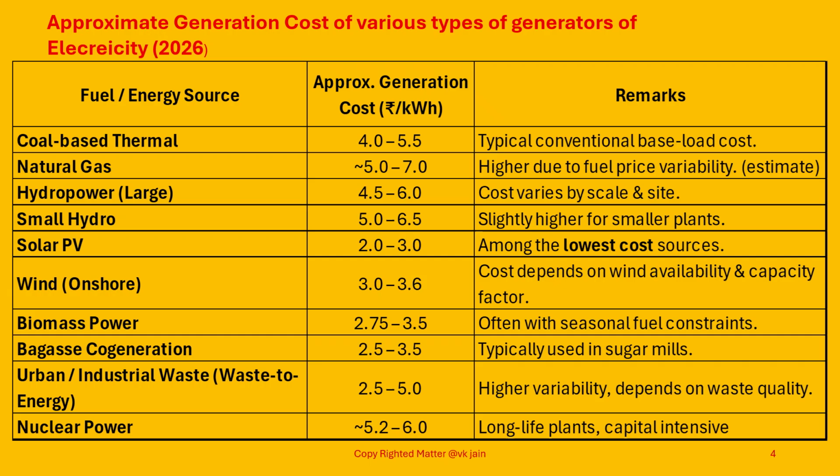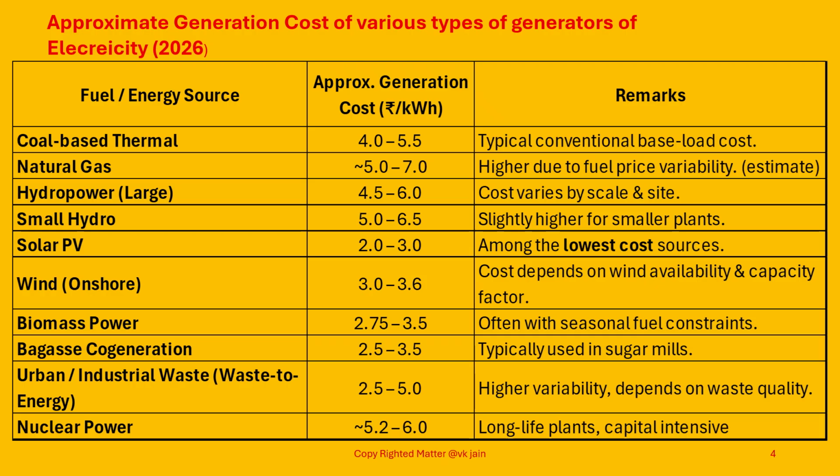Hydropower, the old source of electricity generation, costs 4.5 to 6. The cost varies by scale and site. Small hydro, 5 to 6.5, slightly higher cost for smaller plants. Solar PV.